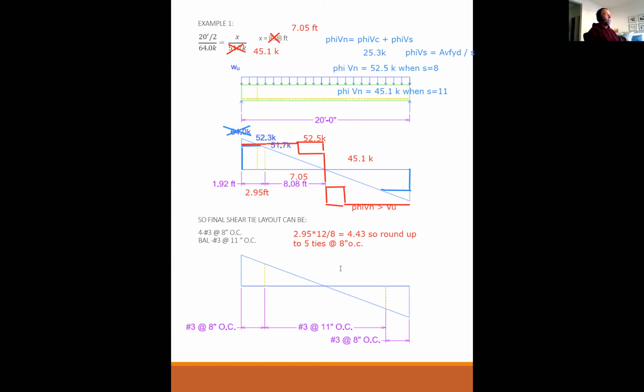That's just not how it's done. So you just specify, fill the rest of the beam with number 3s at 11, and the contractor will figure out how many ties they need, and they'll overestimate a little bit, and they'll fill it with the ties as you specify.